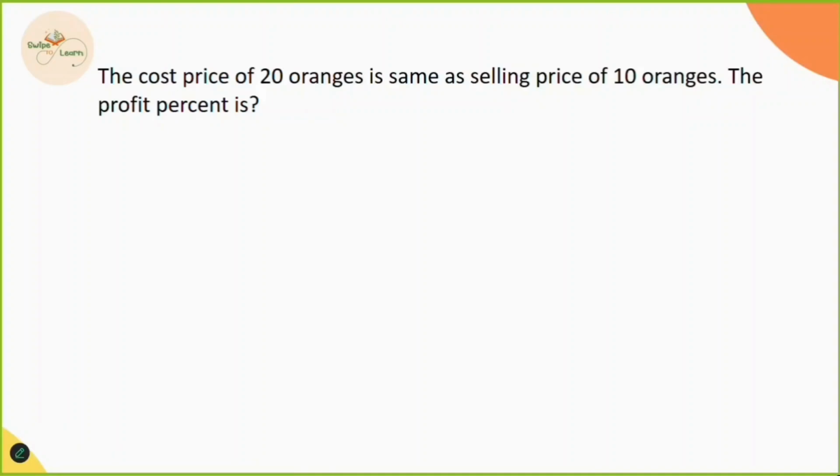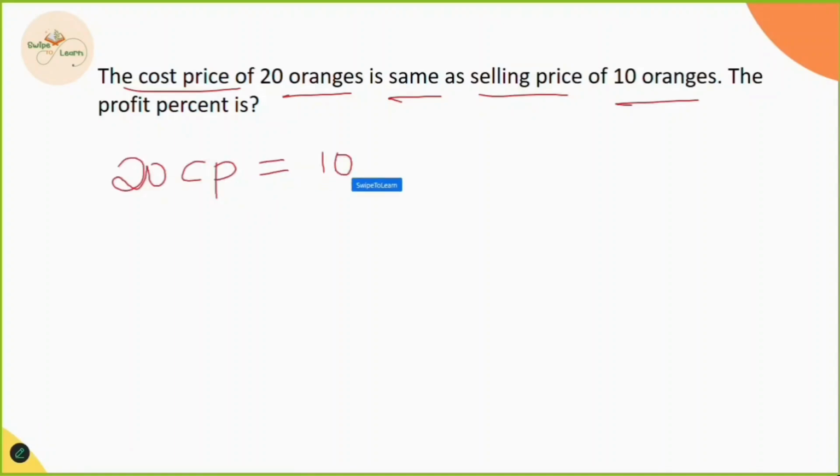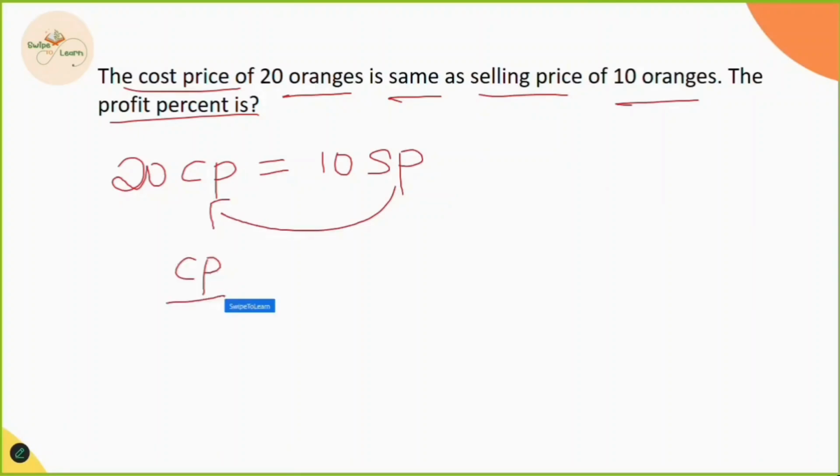Okay, our very first question is: the cost price of 20 oranges is same as the selling price of 10 oranges. They are saying that 20 oranges' cost price is equal to 10 oranges' selling price, and they're asking us to find the profit percent. So what we'll do is we'll take this SP here. What I get is CP divided by SP.